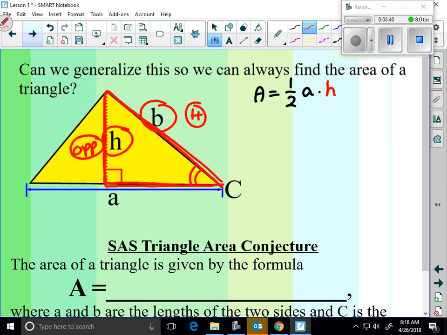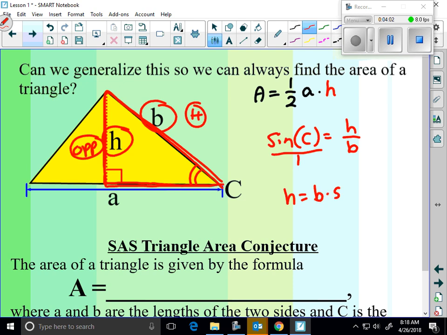So wouldn't you agree that the sine of C equals H over B? So I could solve for H by doing what? Cross multiplying. What's 1 times H? H. What's B times sine of C?